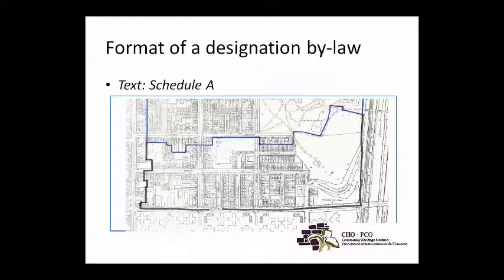If your municipality has a heritage grant or property tax reduction program, properties that are within a Part 5 designation, a Heritage Conservation District, can be eligible for those grants and property tax reduction. It can be used to provide relief under the building code, but only for the exteriors of buildings within the Heritage Conservation District.